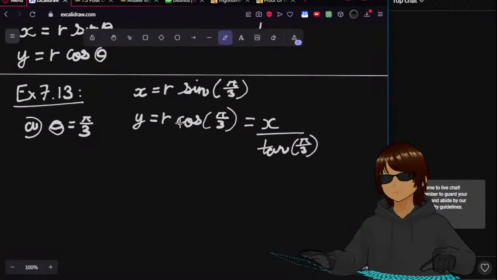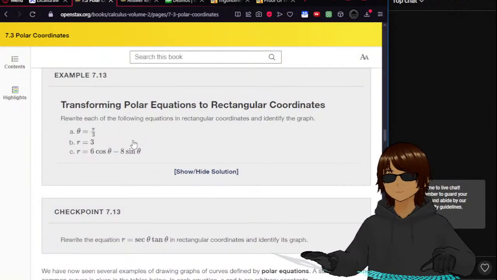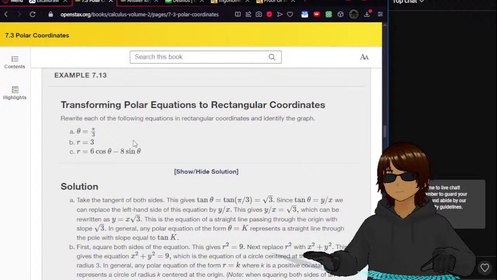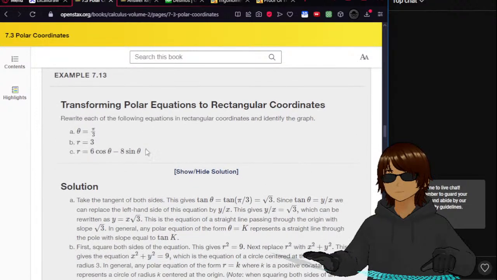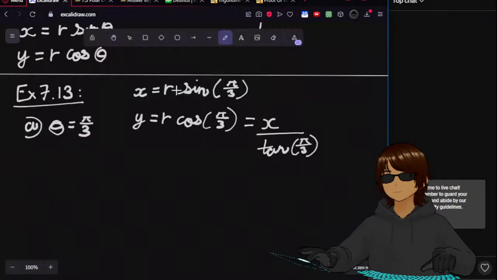Is this correct? Tan is sine over cos, right? I think I mixed these two up.